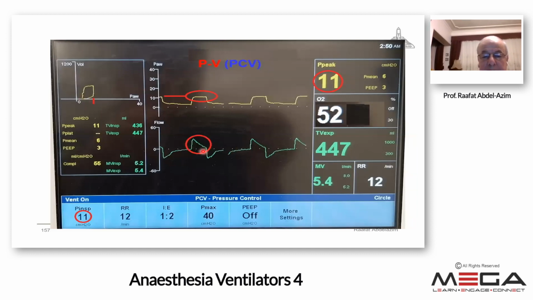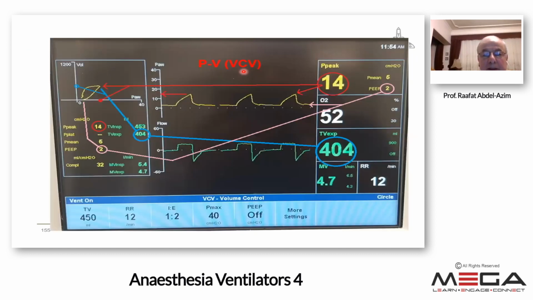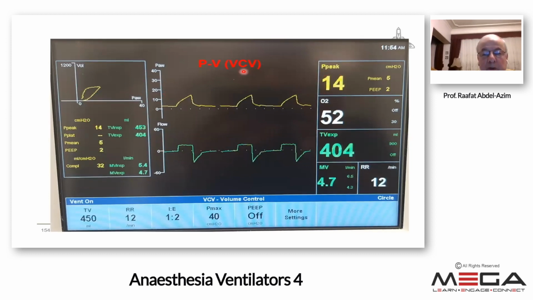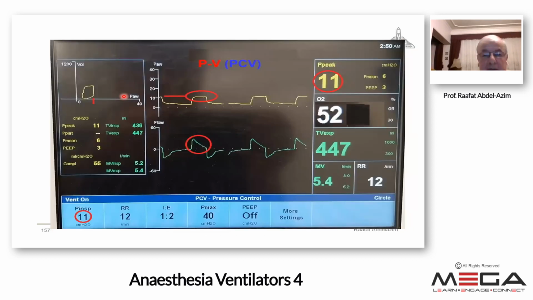You see here the flow is decelerating because it is pressure controlled ventilation. So this is the pressure volume loop during volume controlled ventilation. You see its shape. It is peaked, and this is the pressure volume loop during pressure controlled ventilation, and it is flat here for the pressure value, and the other description I described already.